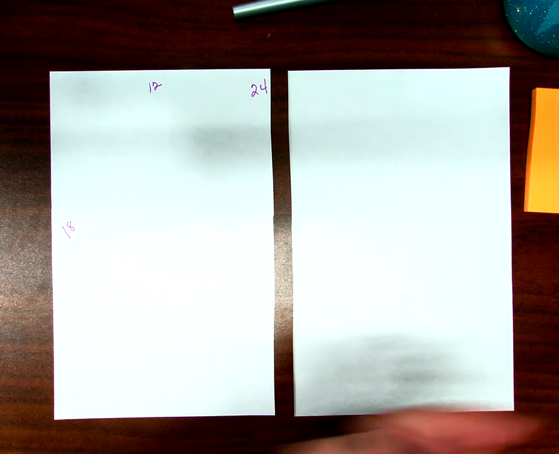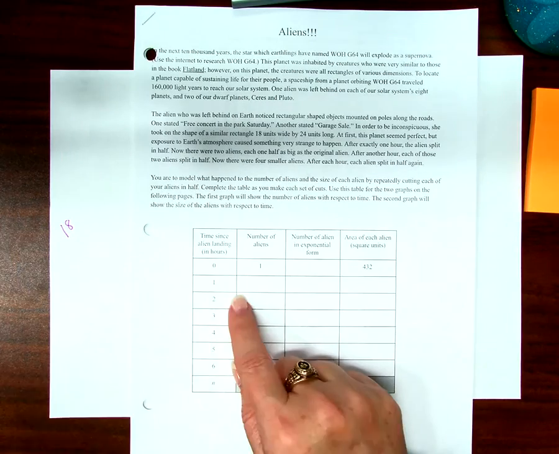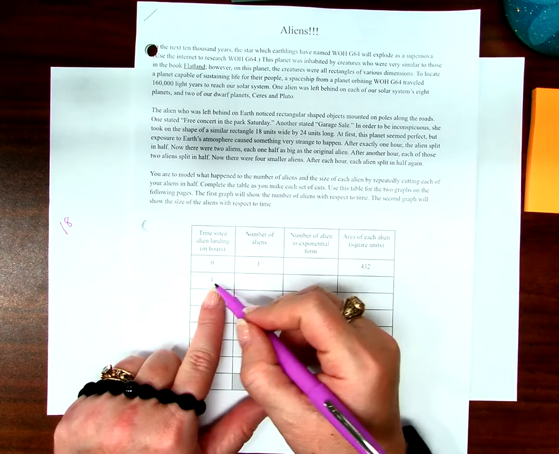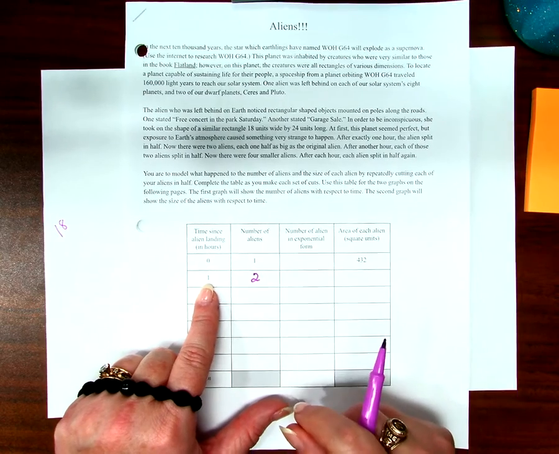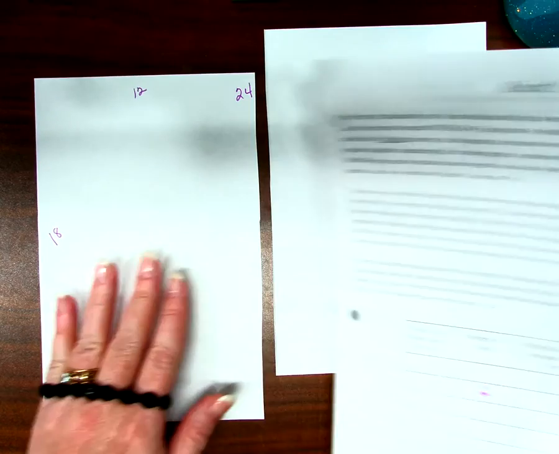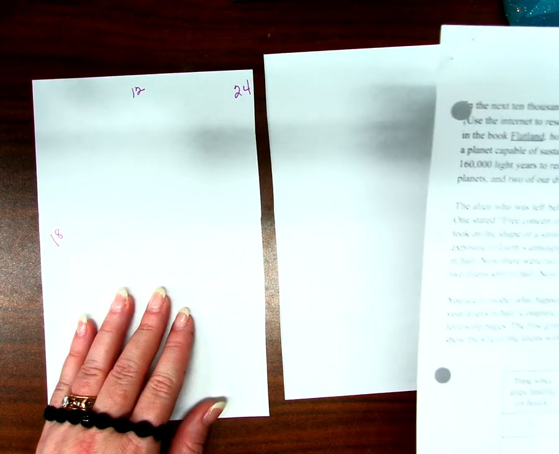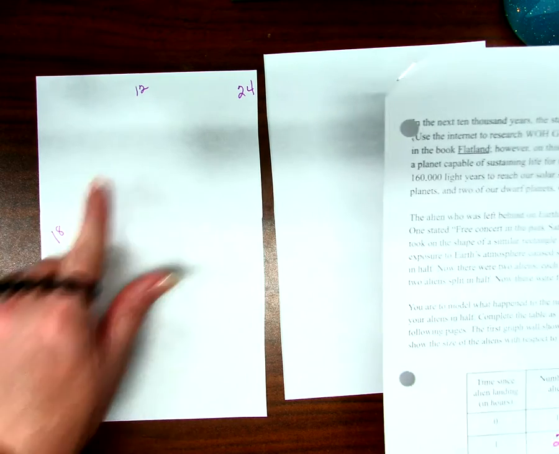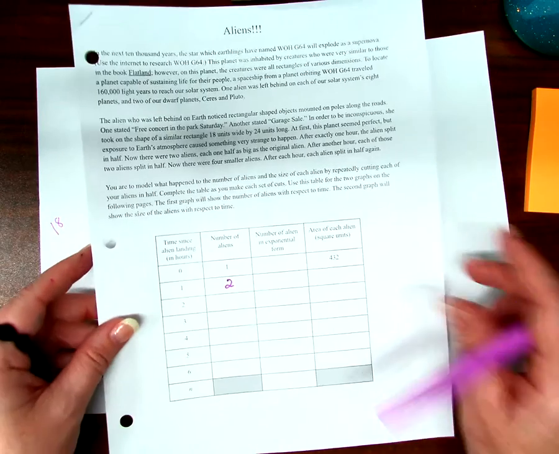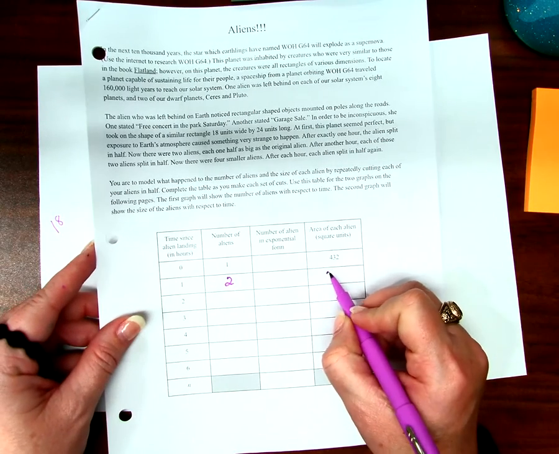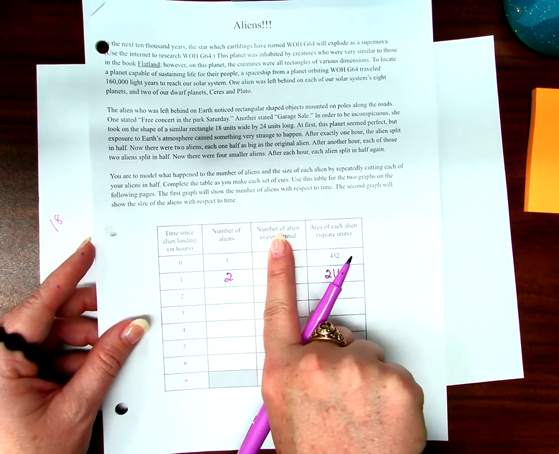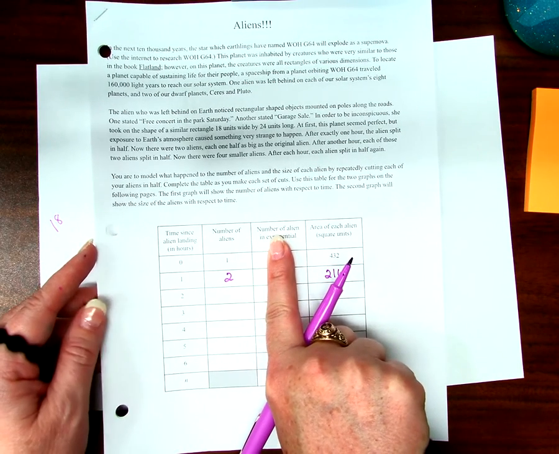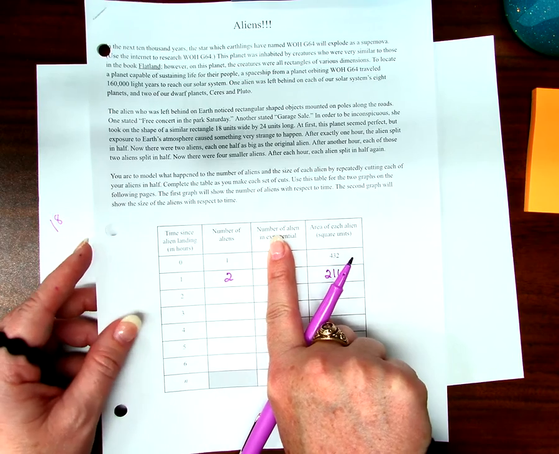So on my table, how many aliens do I have now? So after the first hour, I have 2 aliens. What's the area of each alien? 18 by 12, which is what? 216. Guys, just for the record, we're going to ignore this column for just a second. We're going to gather all of our data first, and then we'll go back and mess with that column, okay?